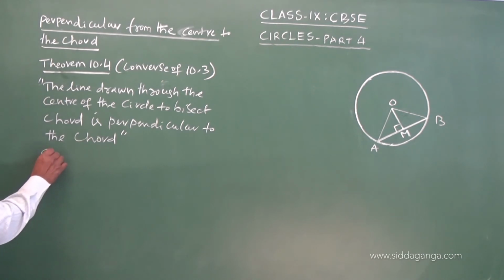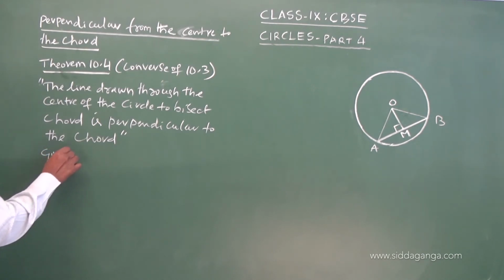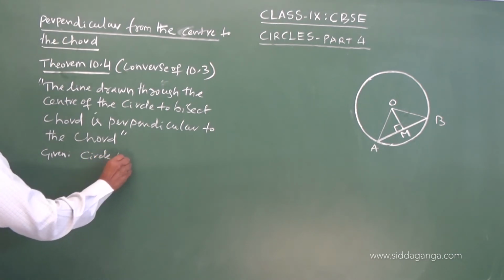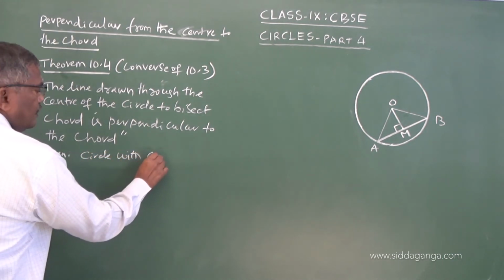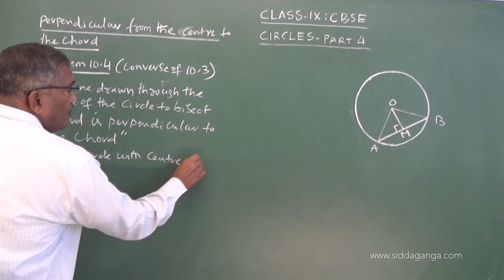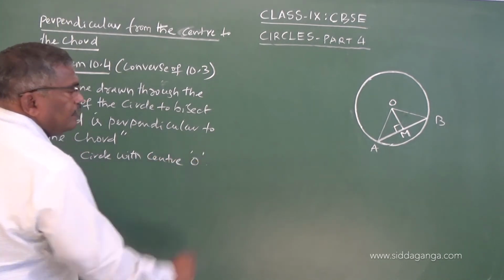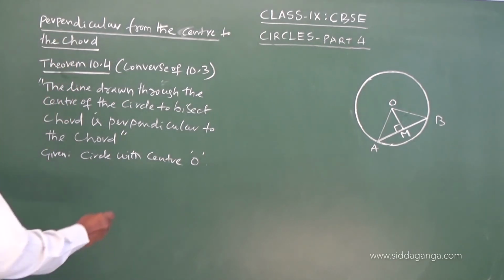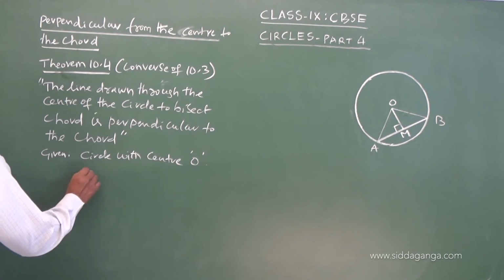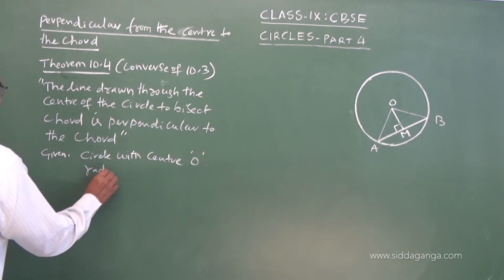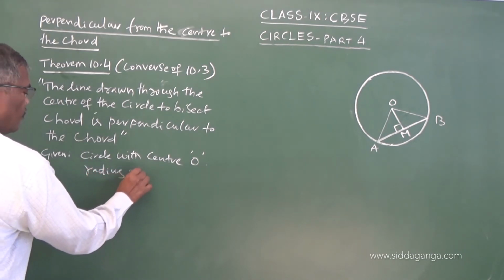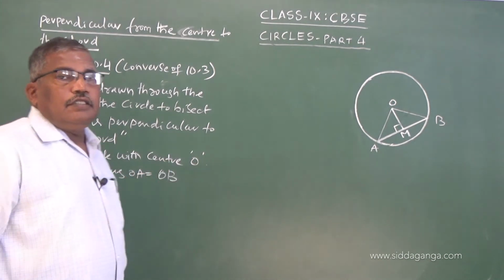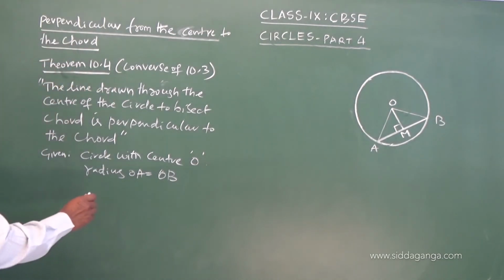Given: circle with center O, and radius OA equals OB, that is the radius.